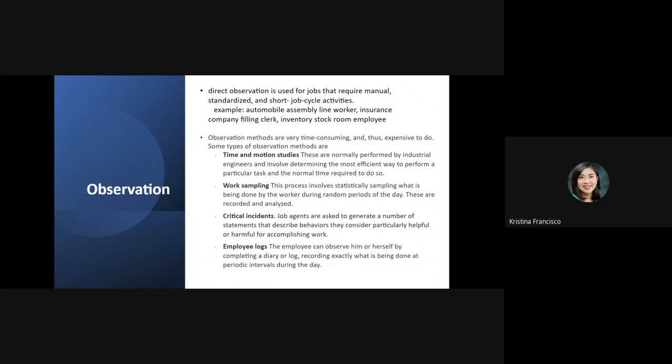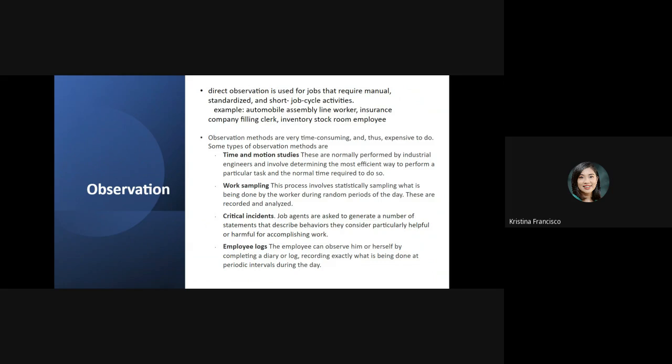Okay? So, this type of observation, i-divide natin sila according to time and motion study. It analyzes tasks to find the most efficient way to perform them and set time standards. For work sampling, ito is recording tasks at random intervals, offering a more efficient alternative to continuous observation, specifically for repetitive jobs.